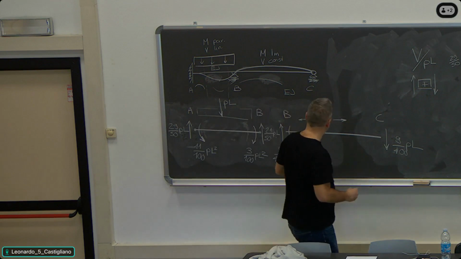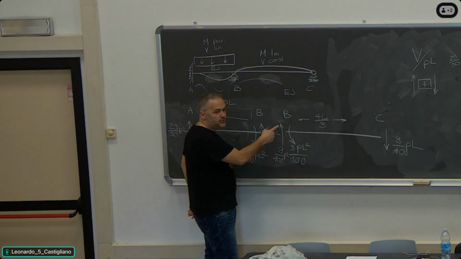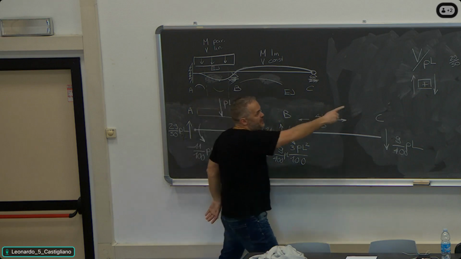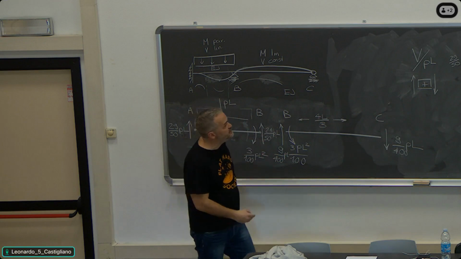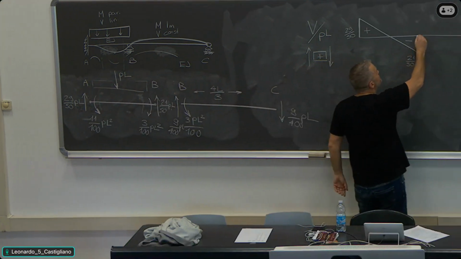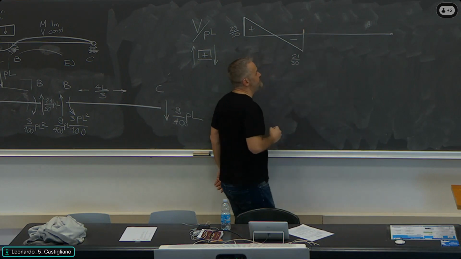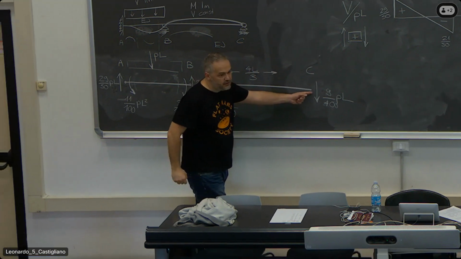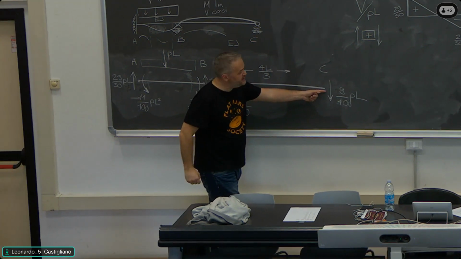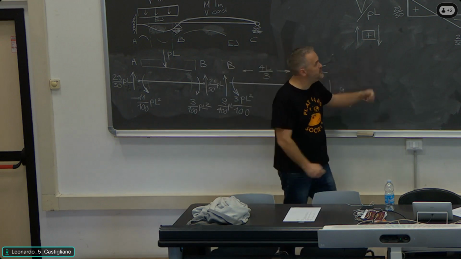Then, second span, left hand upwards. Left hand upwards is positive. This is 9/400. It's much smaller than this one, so I will mark it very small, not in scale, otherwise I won't see this small segment. Right end of the second span, it's downwards, as is here, so it's still positive.